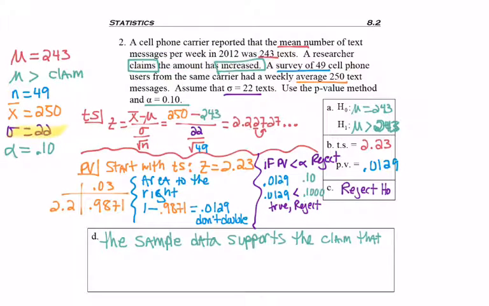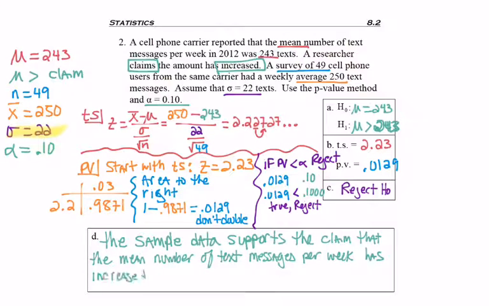So I need to mention that we're talking about text messages and what value they have increased from. The sample data supports the claim that the mean number of text messages per week has increased from 243 messages. So we're focused on the mean, that it has increased, and that the original amount had been 243.